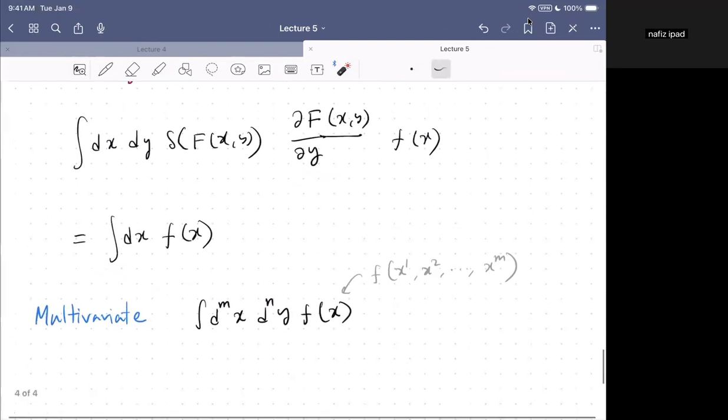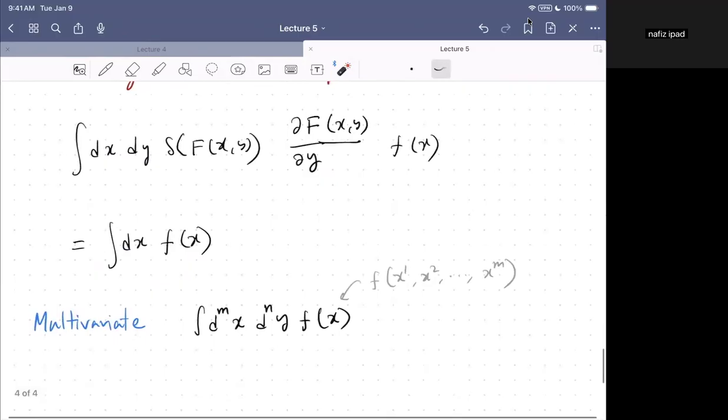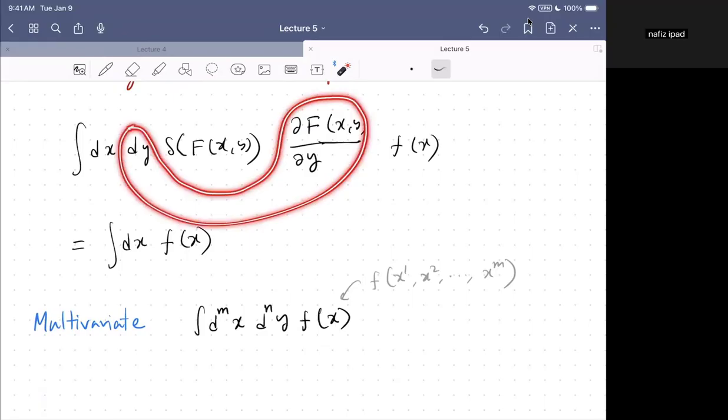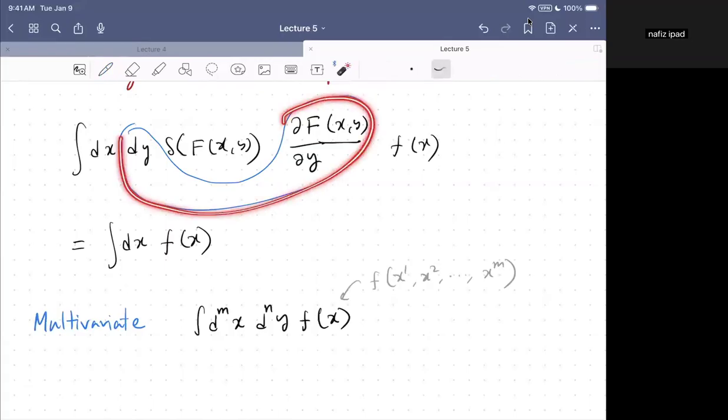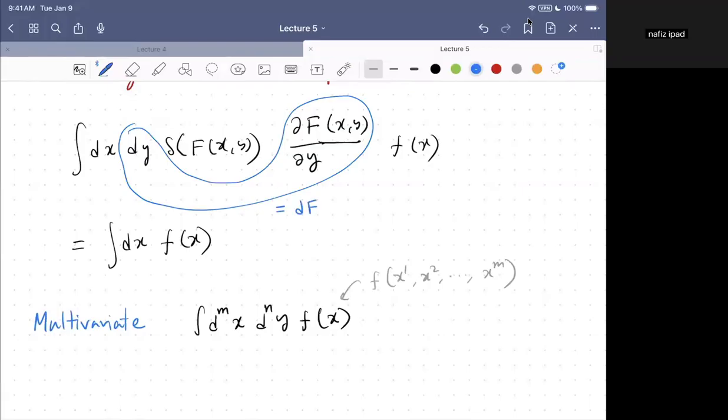Let's see. So notice that this part is the kind of factor that you get when you do a coordinate transformation. It gives you df. Remember from your calculus class that you have dy and then a partial derivative of something with respect to y.